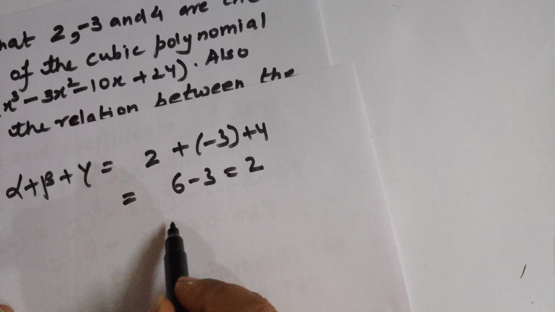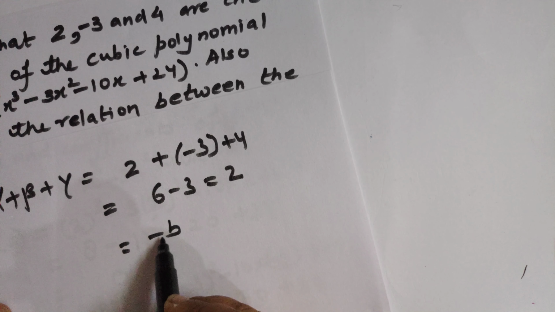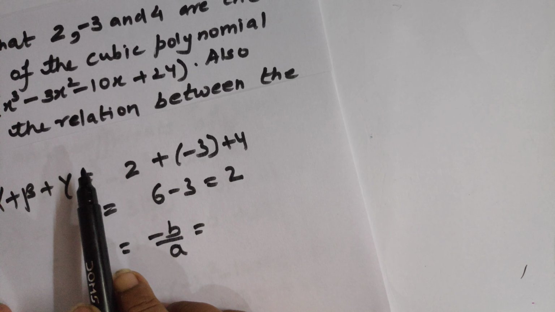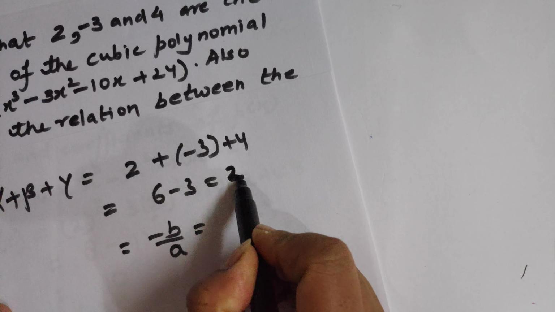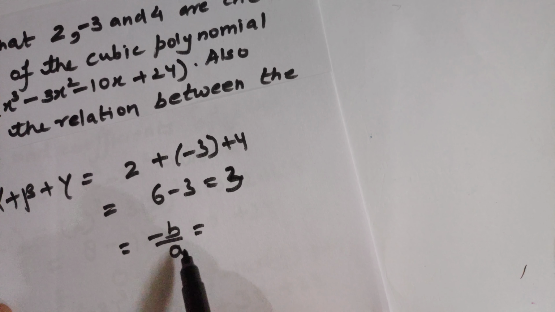And we know that it should be equal to -b upon a, that is, -coefficient of x² upon coefficient of x³.